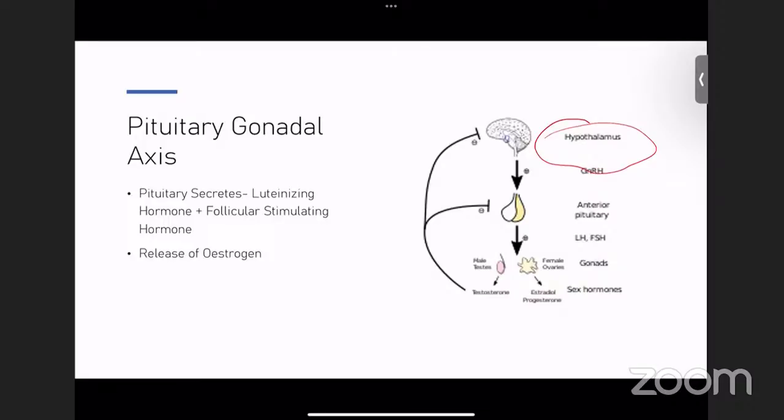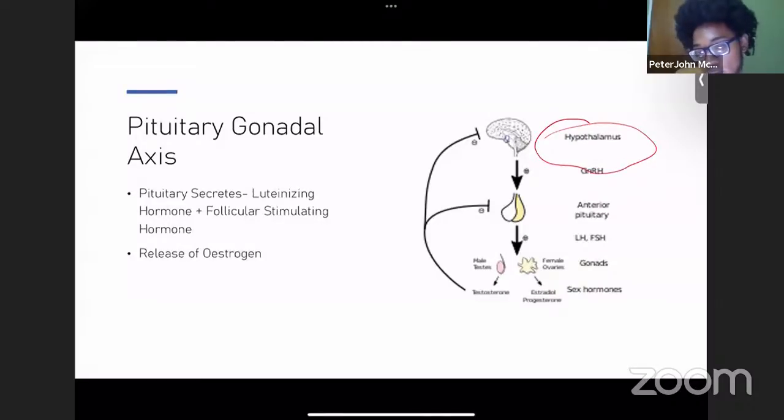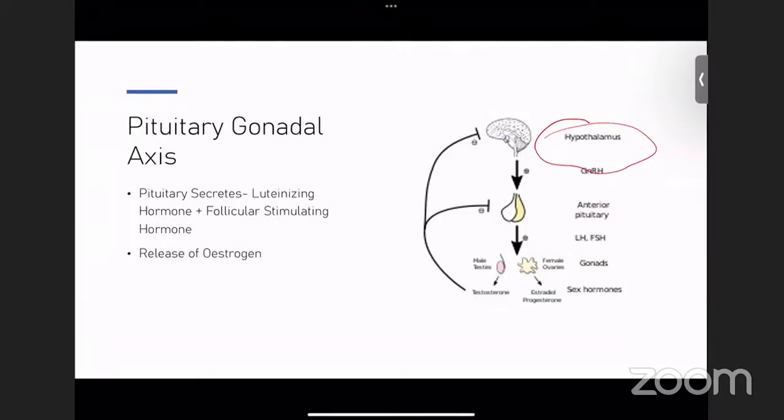Follicular stimulating hormone. What does FSH do? It tells the follicle to start to grow. It makes a follicle.